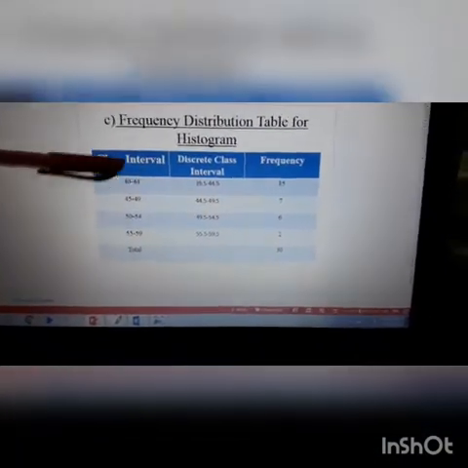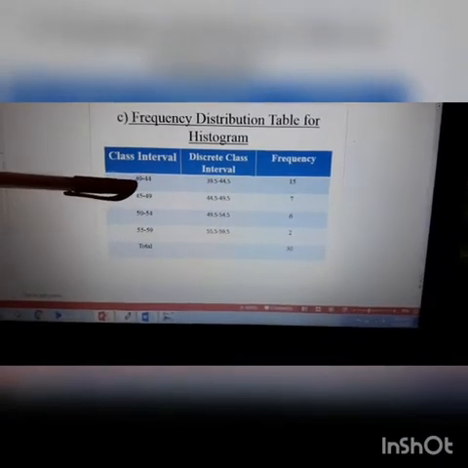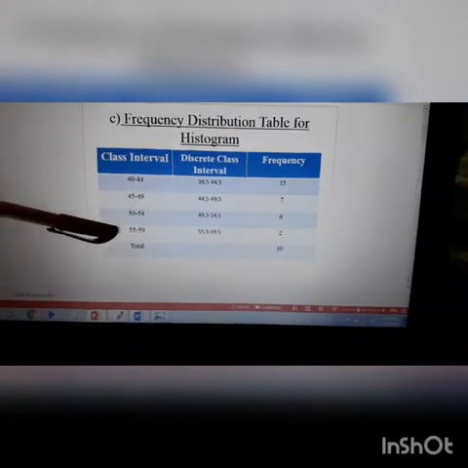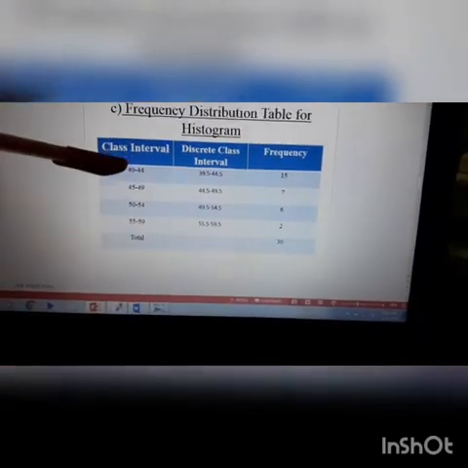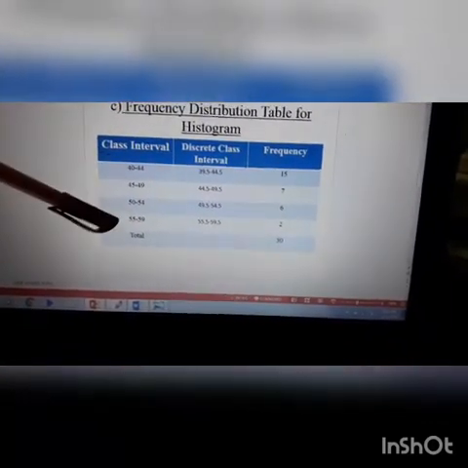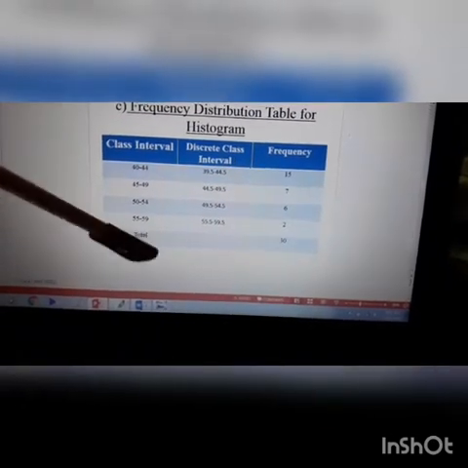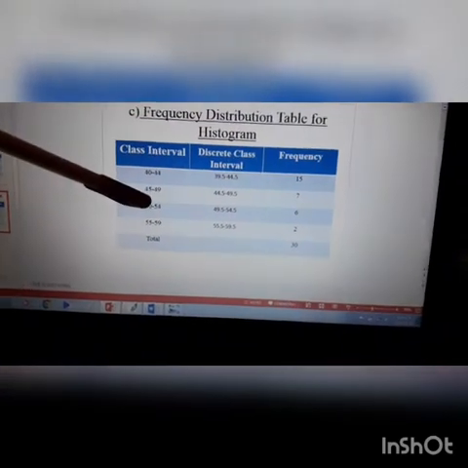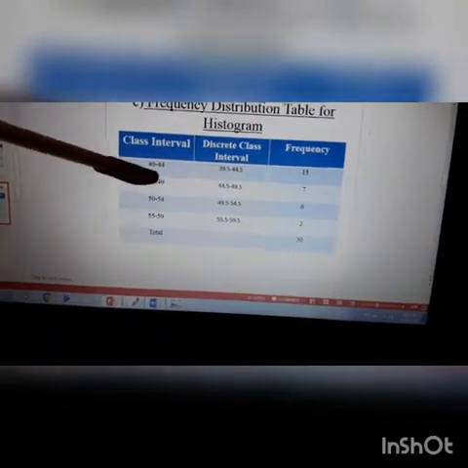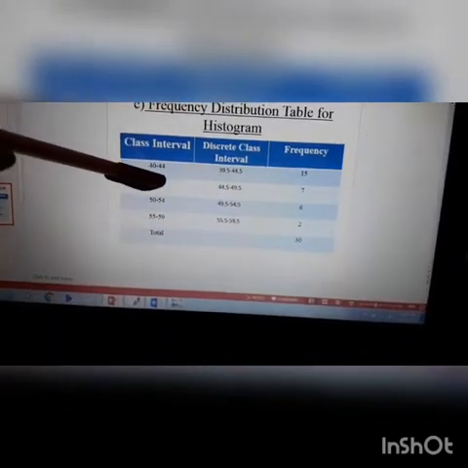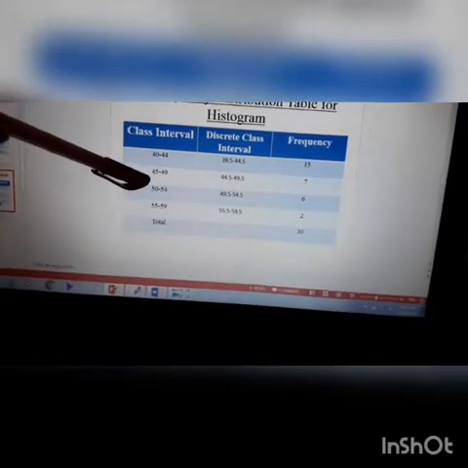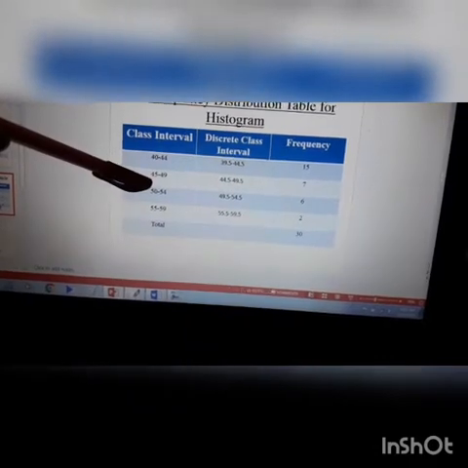In the data we get the class intervals 40 to 44, 45 to 49, 50 to 54, 55 to 59. If we use these intervals on the graph paper, then we get gaps between the rectangles. So to remove the gap, the upper limit of a class must be equal to the lower limit of the next class.